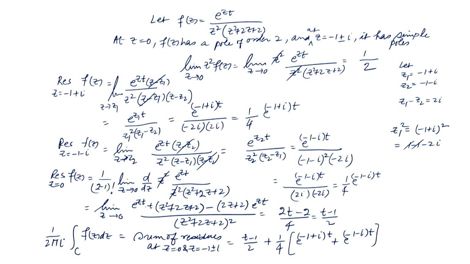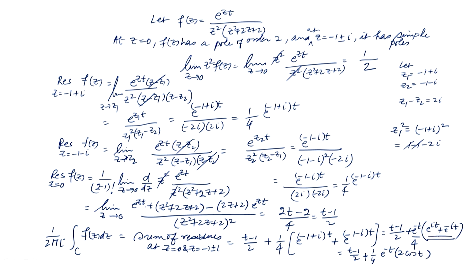e to the power minus t we can write outside. So this is (t minus 1) divided by 2, then e to the power minus t, and inside we get e to the power it plus e to the power minus it. So this is (t minus 1) divided by 2, and then we have 1 by 4 e to the power minus t into 2 cos t.